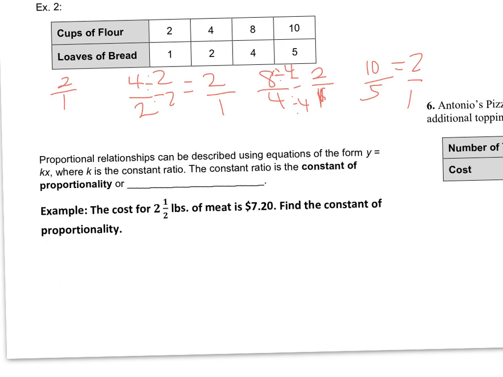Proportional relationships can be described using equations of the form y equals kx. In this case, this is proportional, and the reason for that is that our ratios are consistent.